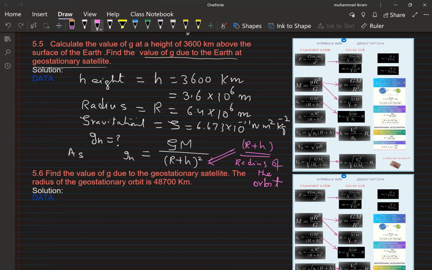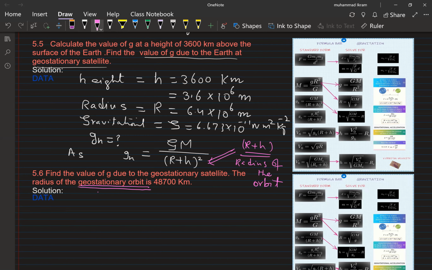Sometimes, for example, in the same numerical, thank God this numerical is here: find the value of g due to the geostationary satellite, the radius of the geostationary orbit. Here they do not say above the surface of the earth.